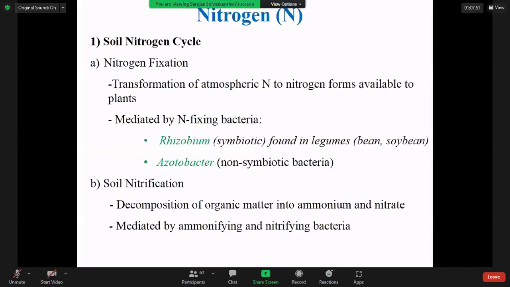Then you studied nitrogen fixation. What are the microbes which are involved in nitrogen fixation?